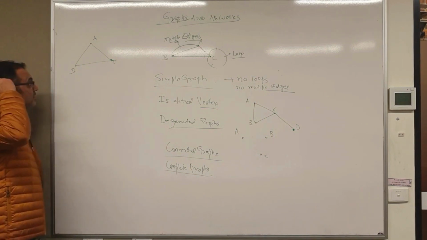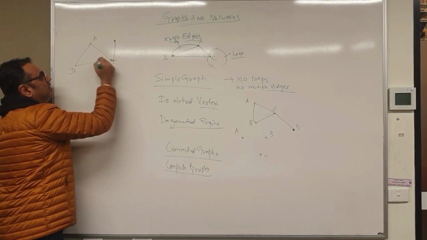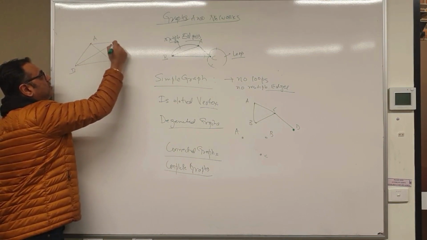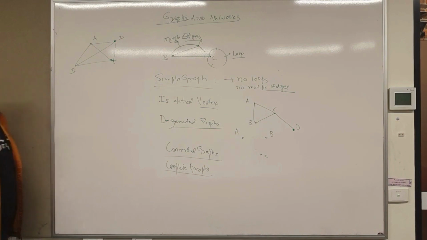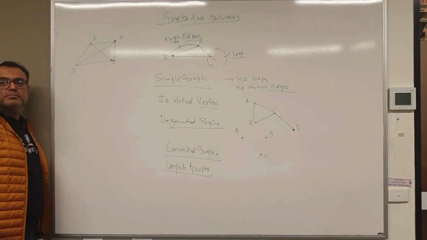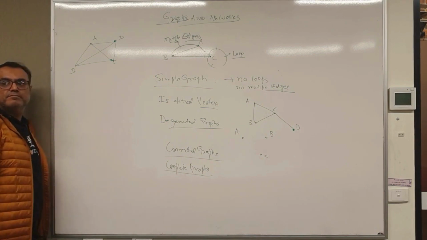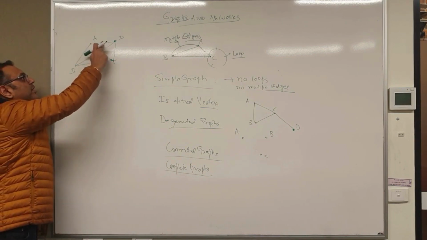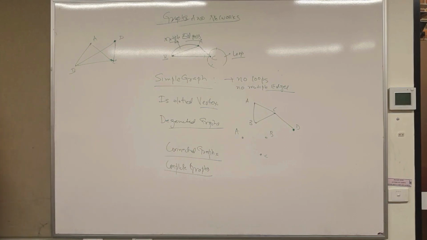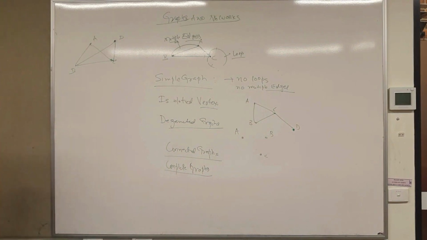Just like a puzzle, you can go here, go here, go here. This is D. You see, this is a connected graph now. You can go from anywhere to anywhere in one hop, so this is a complete graph. However, if I take one edge off, this is not a complete graph, this is still a connected graph. You can go from A to D in 2 hops.